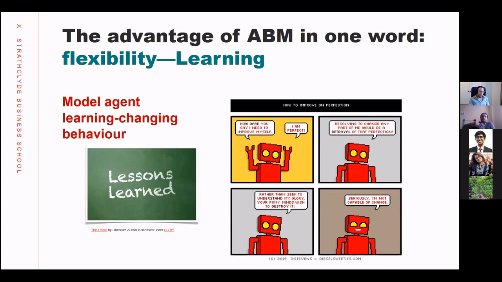If in the past I used one functional form to decide whether to seek care, and that led to a poor outcome, such as waiting a very long time in line, or not being happy with the care I got, I might change how I make that decision in the future. So agents learning over time, from their historical behavior or what that behavior has led to, is something we can incorporate.